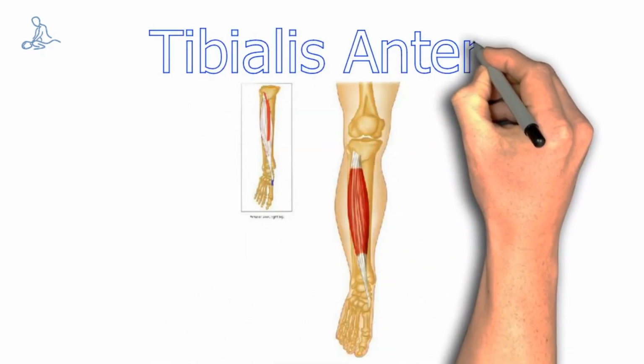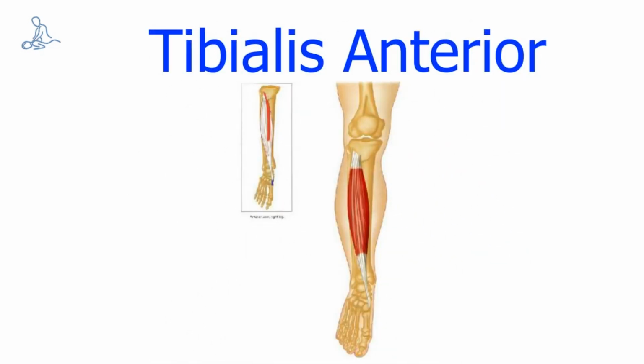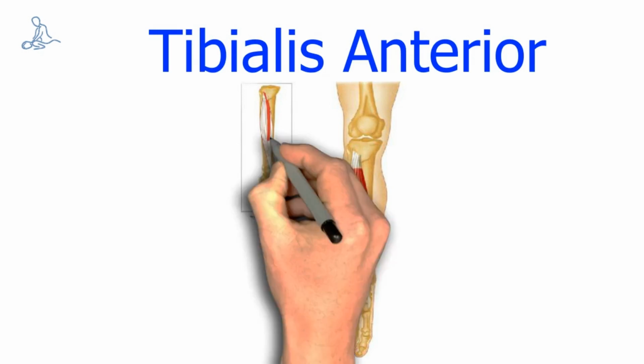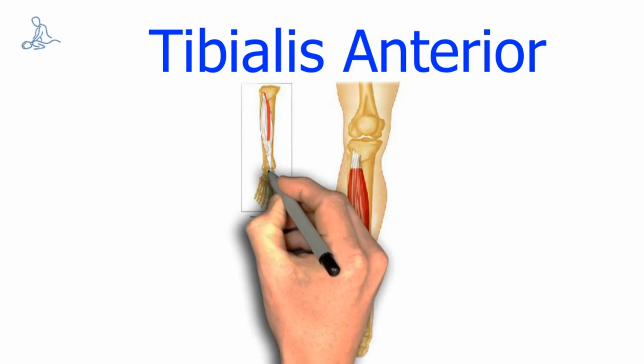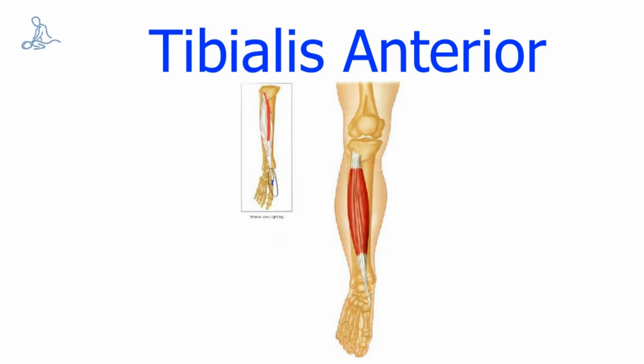Tibialis Anterior. The origin of the tibialis anterior is anterior proximal half of the tibia. The insertion of the tibialis anterior is the medial cuneiform and inferior of the first metatarsal bone.